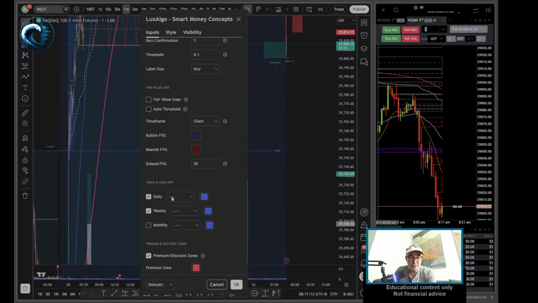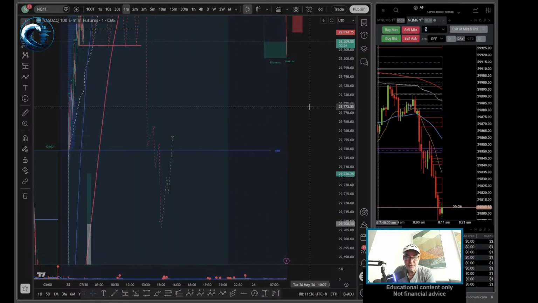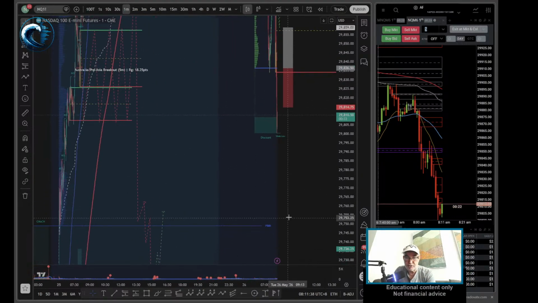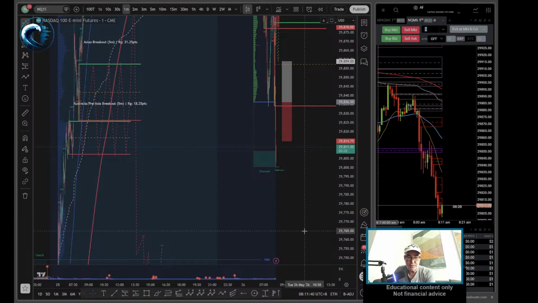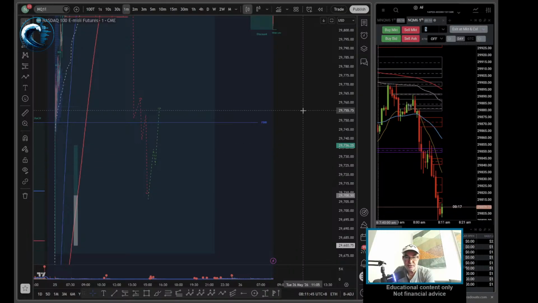This is Lux Algos. I don't know what it's actually painting that Friday's high. Anyway, I'll keep it on for now, but I don't really trade that as a point of interest for setting up trades anyway.